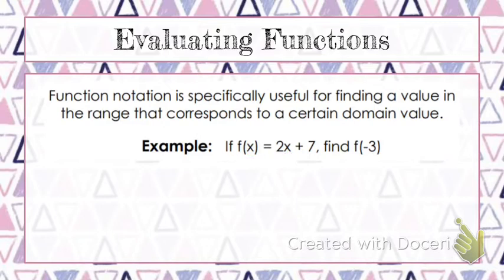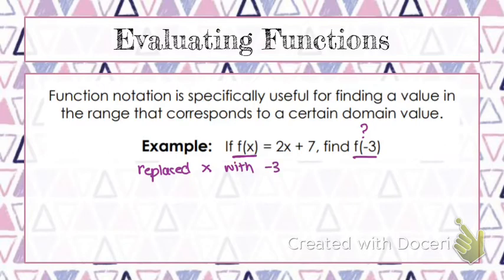And so if f of x equals 2x plus 7, then what would f of negative 3 be? If we look at just the function notation parts, f of x, and then f of negative 3, what's the difference? We replaced x with negative 3.